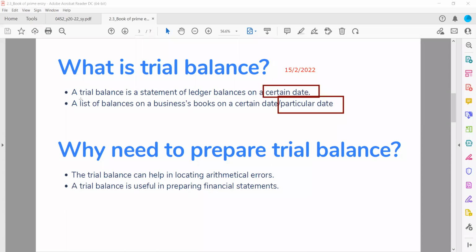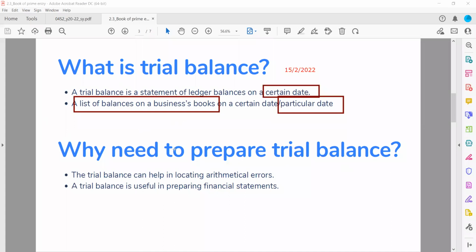Okay. Another definition we can put into the exam: a trial balance is a list of the balances of the books or accounts on a certain date. Why do we need to prepare the trial balance?